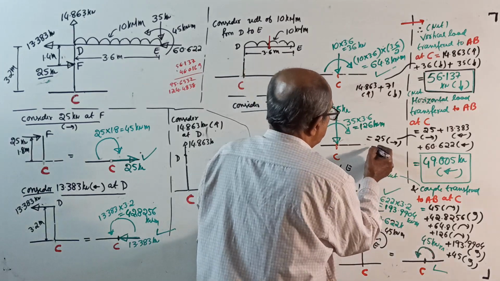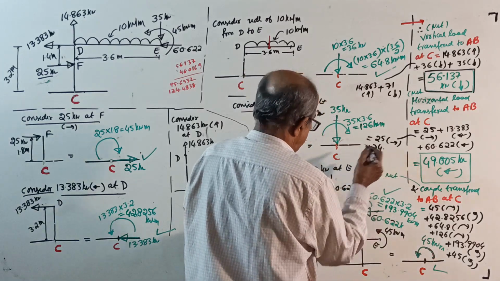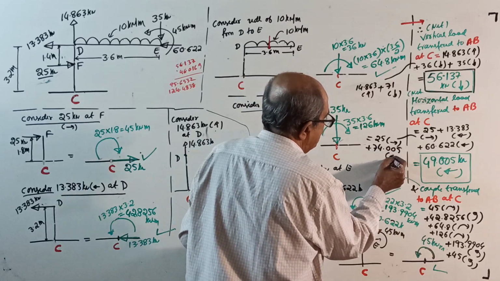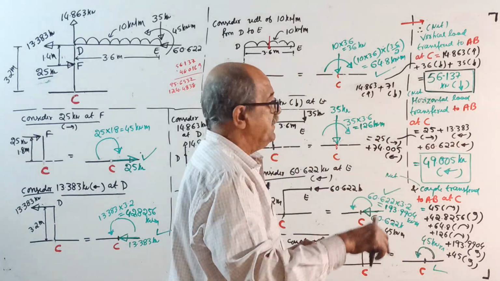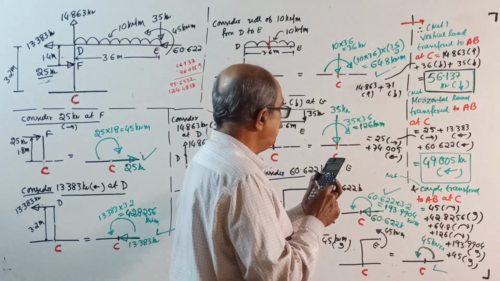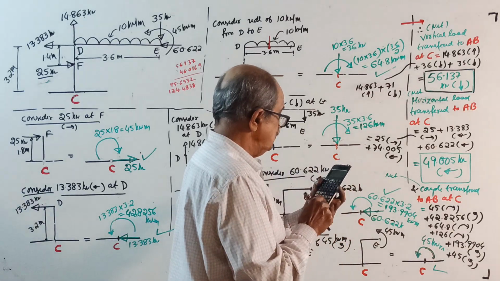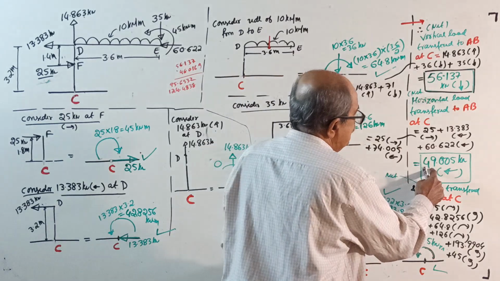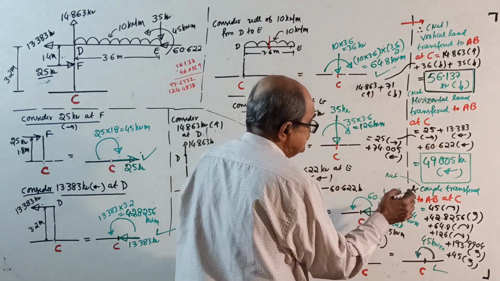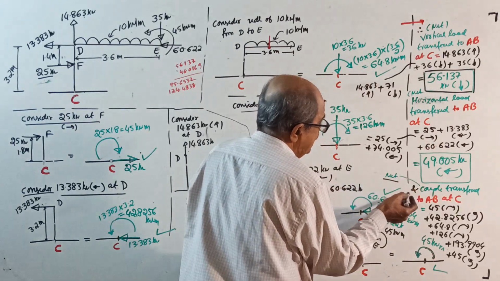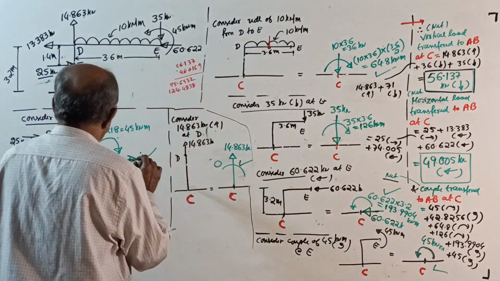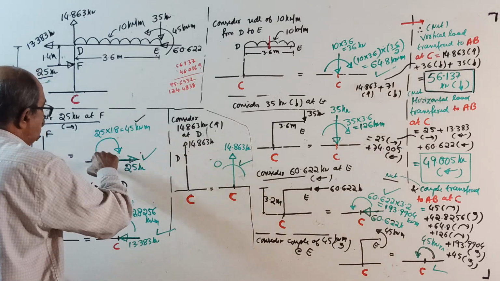Both together plus 74.005 left. Now, right side 25, left side 74.005, so from 74.005 subtract 25: 49.005 to left side. No plus minus now. Over.